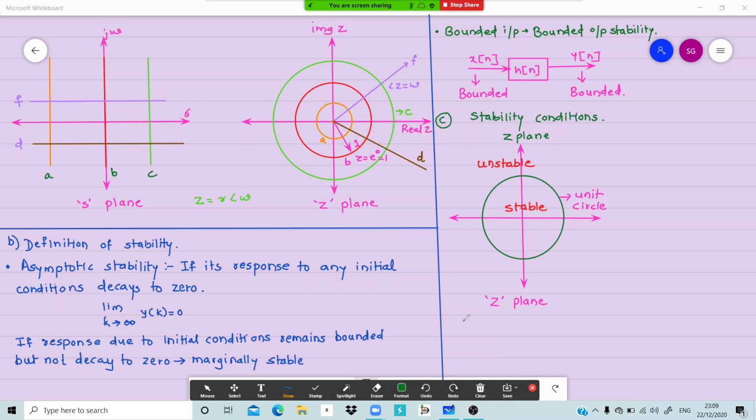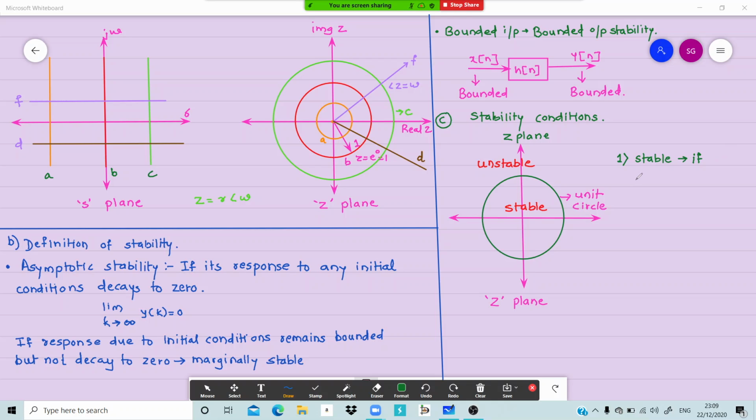So the system is stable if all the poles of its transfer function lie inside the unit circle. You are going to have a transfer function, as in the S domain. We had seen poles and zeros, everything is the same. We got a difference equation, with numerator and denominator, factors, poles and zeros.